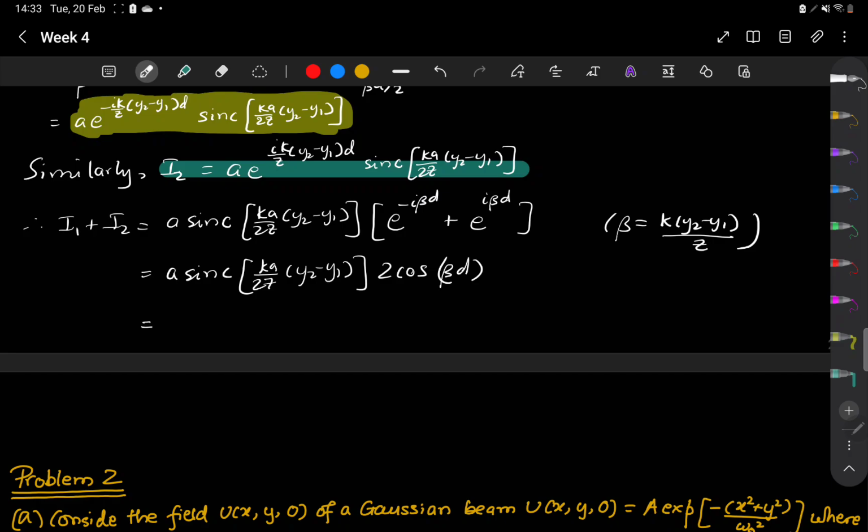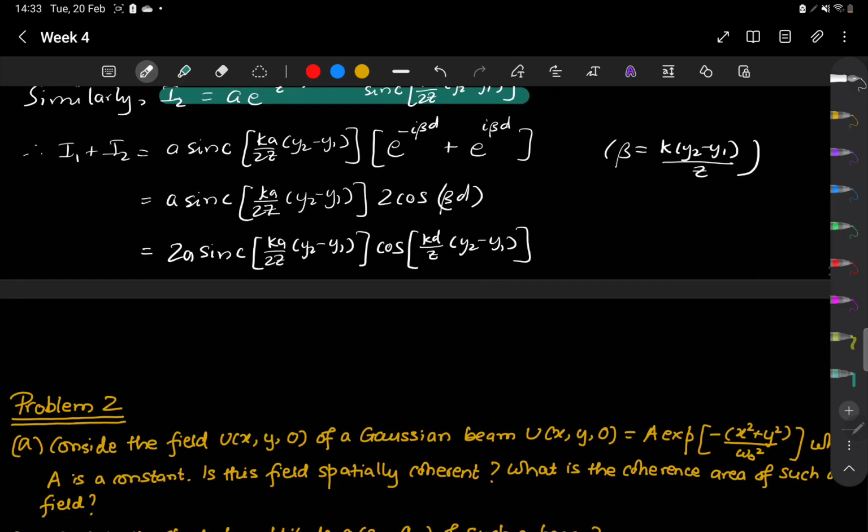So this is I1 plus I2. So then finally we can write W, the cross spectral density function.